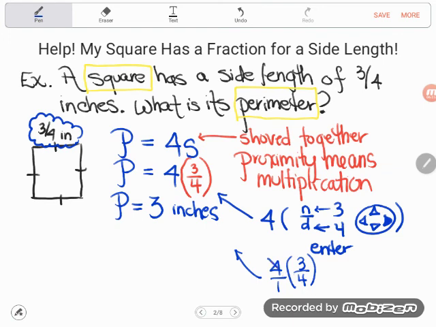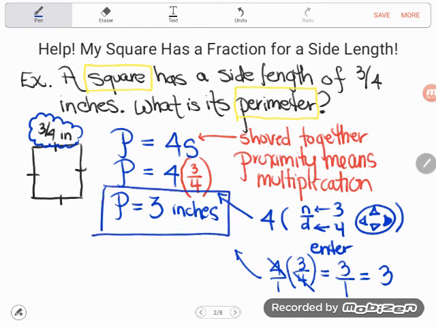Both 4 and 4 are divisible by 4. And so they just kind of cancel out. And I'm left with 3 over 1, which of course 3 one whole things is just 3. And so this is also a really easy one that you could have done by hand. But whether you do it in the GED calculator, which you would have on a problem like this on the test, or you do it by hand, either way, you'll still see the perimeter of this little square is 3 inches.